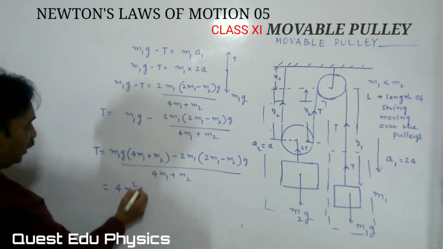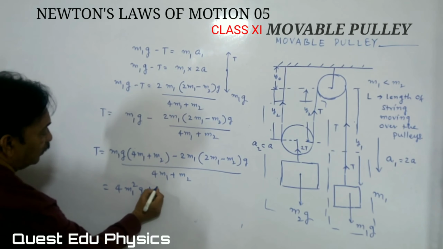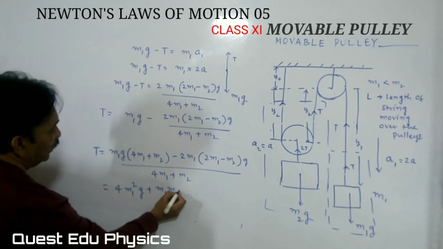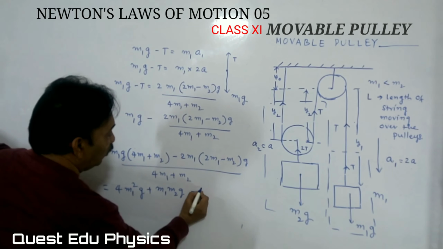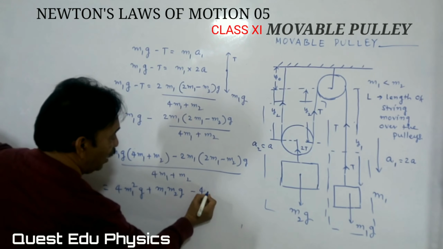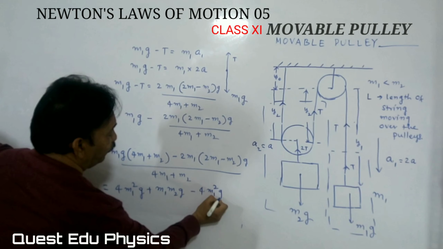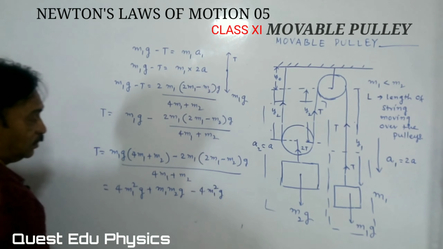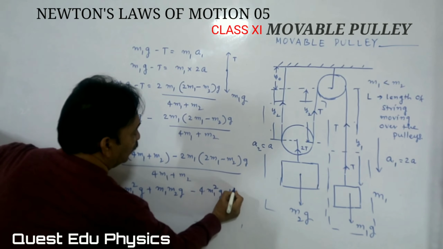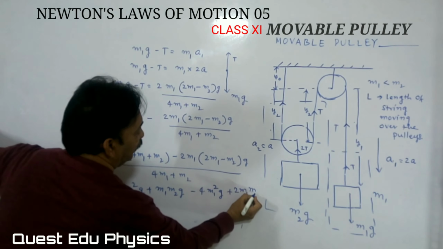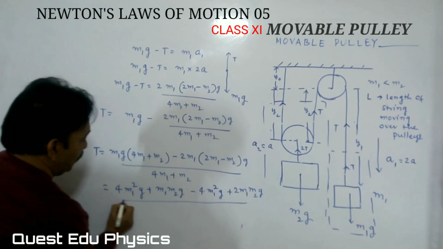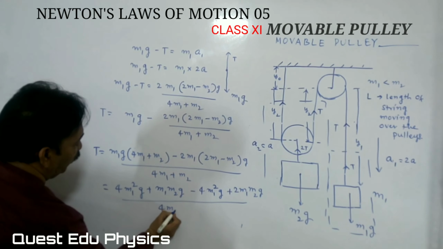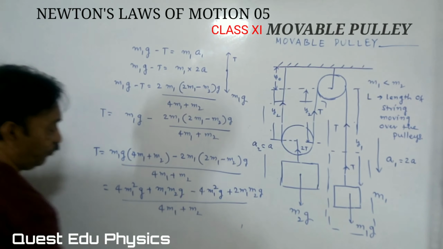square G plus M1M2G minus 4M1 square G, here we multiply this, plus 2M1M2 into G, okay, by 4M1 plus M2.